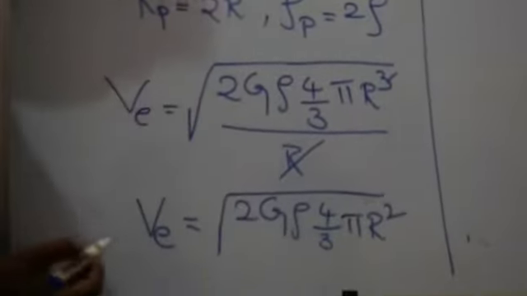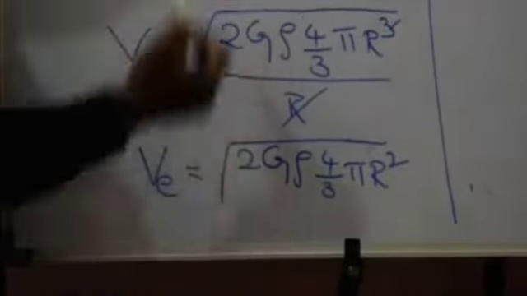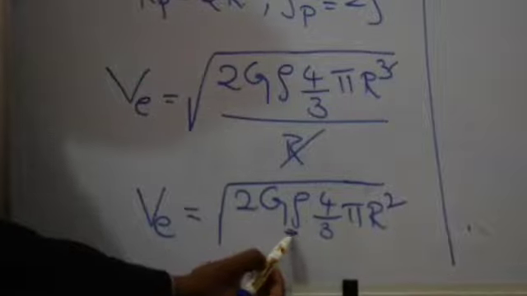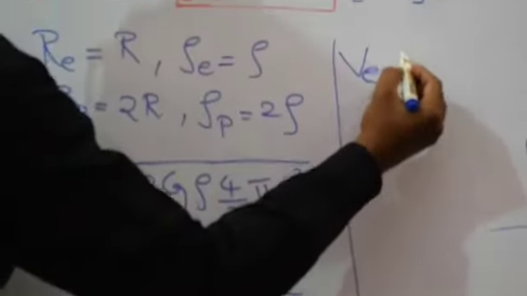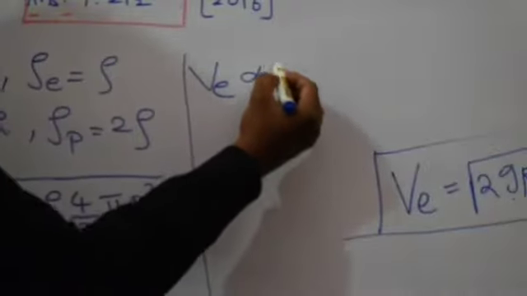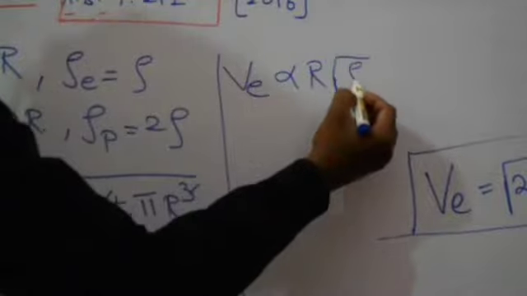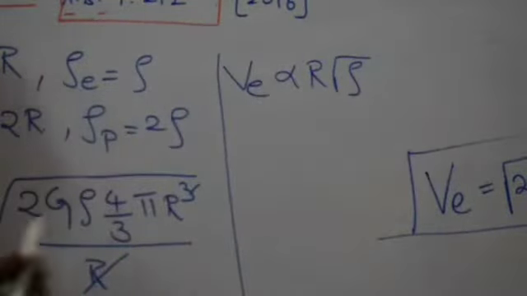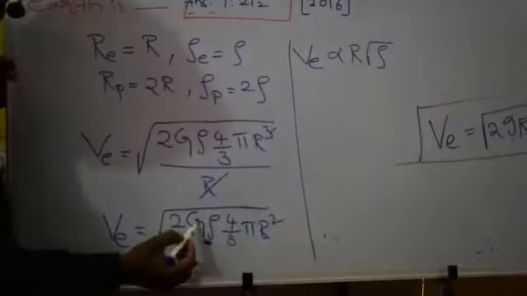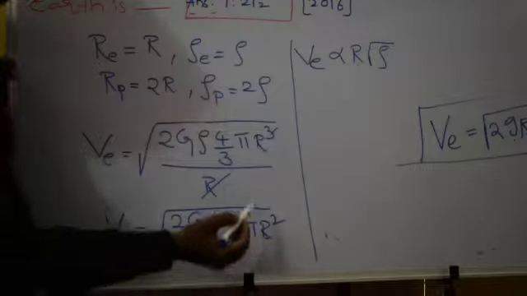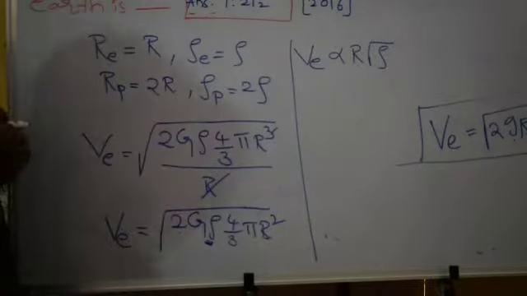If you observe this problem, it is related only to density and radius, so all the remaining are constants. Escape velocity V is directly proportional to R into root of density. R square I took from the root, so it is R, and the density is rooted. 2G 4 by 3 pi, these all are the proportionality constant I have taken.